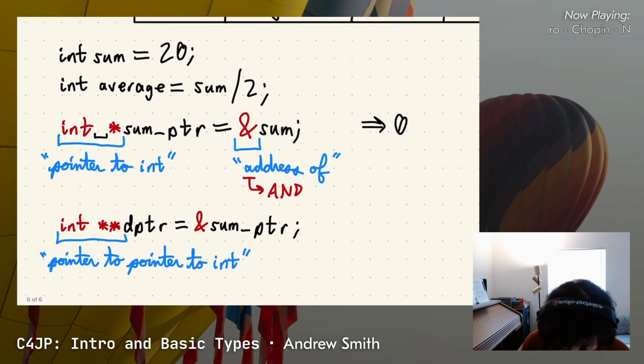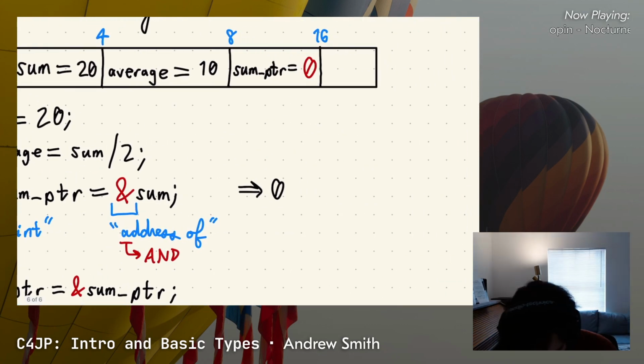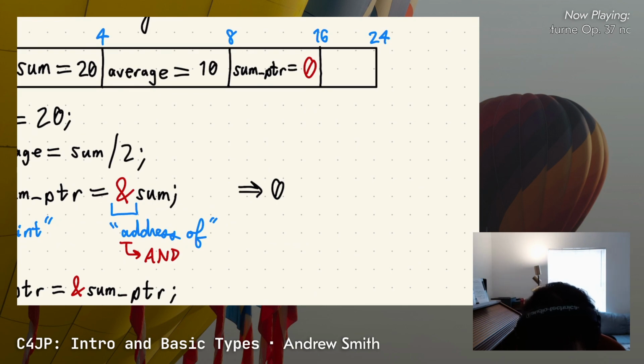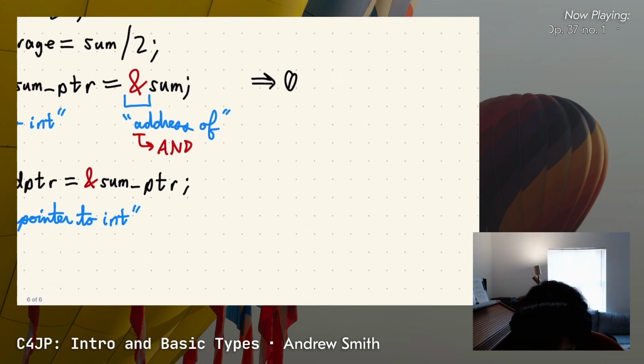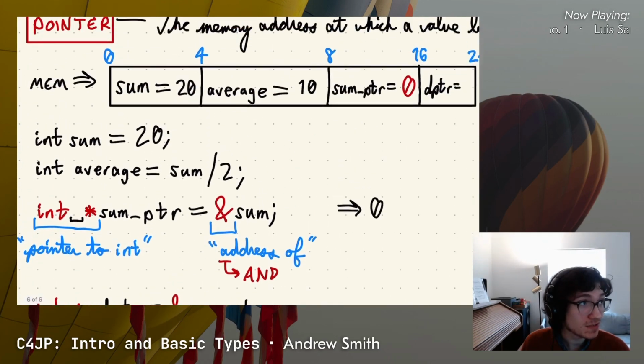Great, so now in order to evaluate this code, we know it's going to be 8 bytes long. So we're going to say ending address is 24, and d pointer is going to be assigned the address of some pointer. Well, what's the address of some pointer?